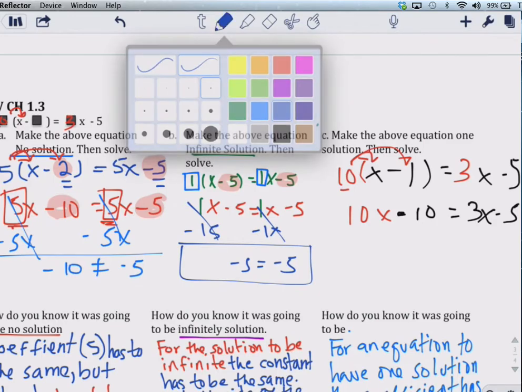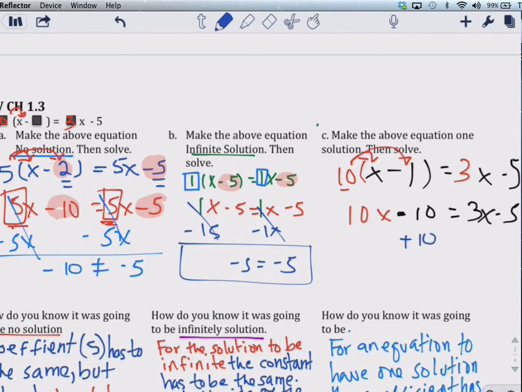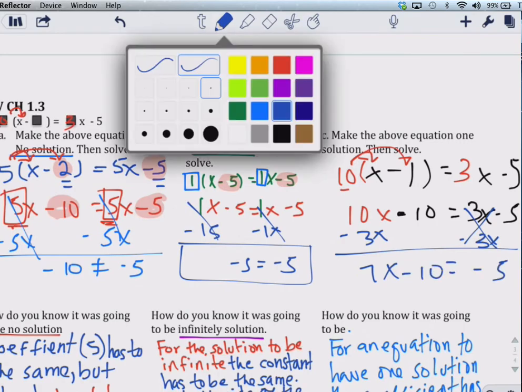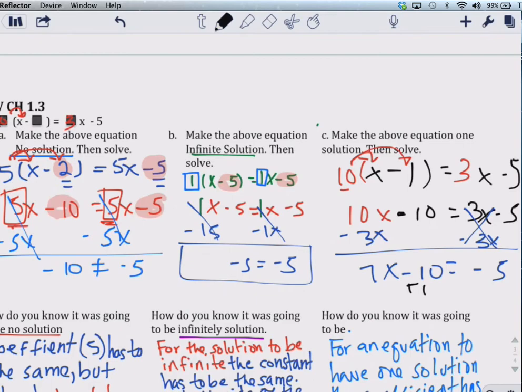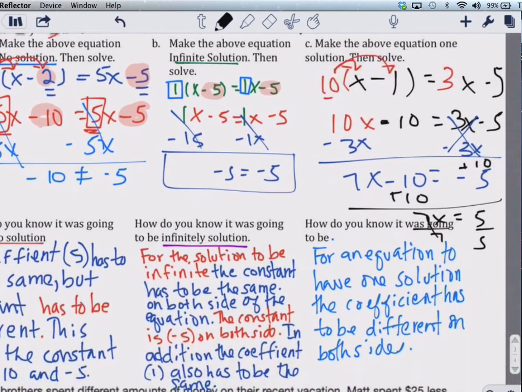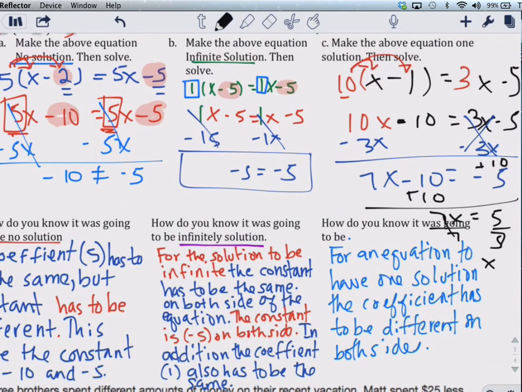Now they're different. Oh, no, we get rid of the smallest variable first. Minus 3x makes life easier. 7x minus 10 equals negative 5. Add 10. You get 7x equals 5. Divide by 7. Our answer is x equals 5 over 7.